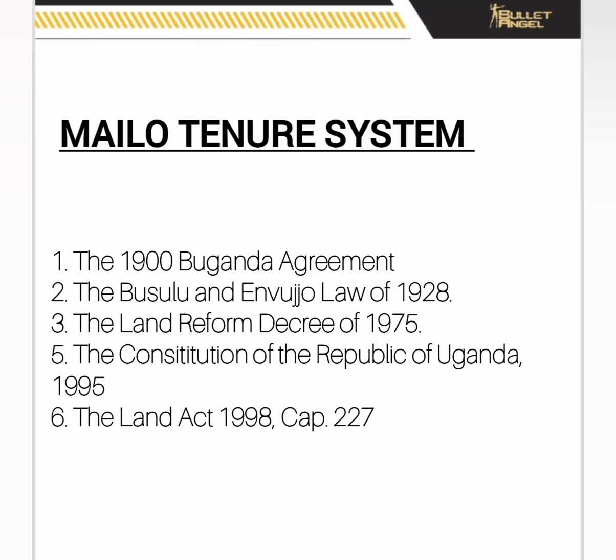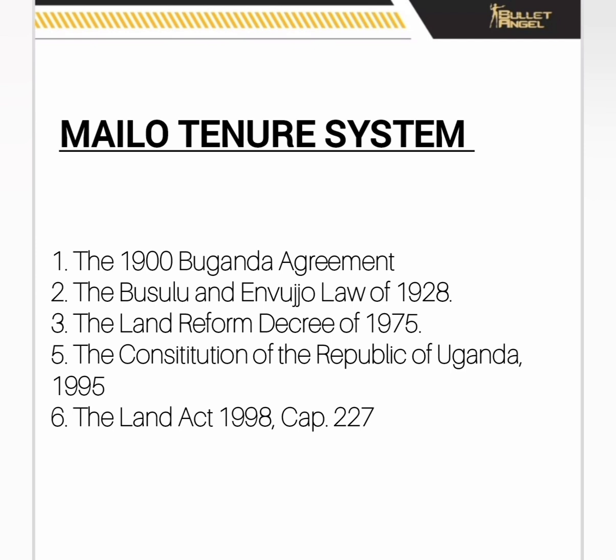If we remember our constitutional history very well, where we looked at the 1900 Buganda Agreement in detail, we must have looked at Article 15 of that agreement, which prescribed the distribution of land, right?